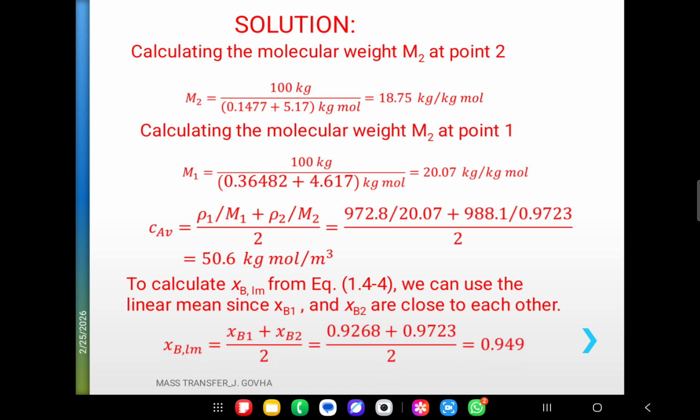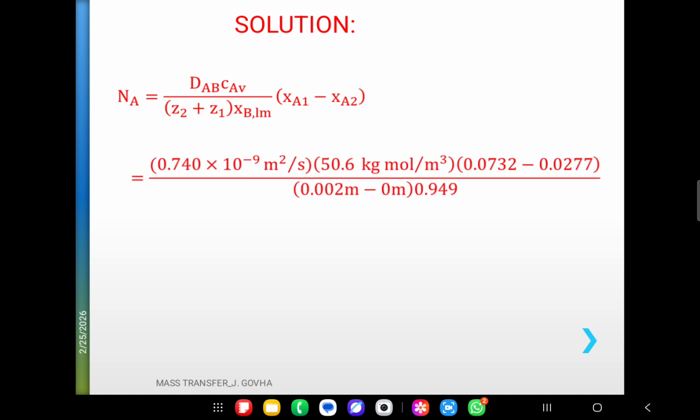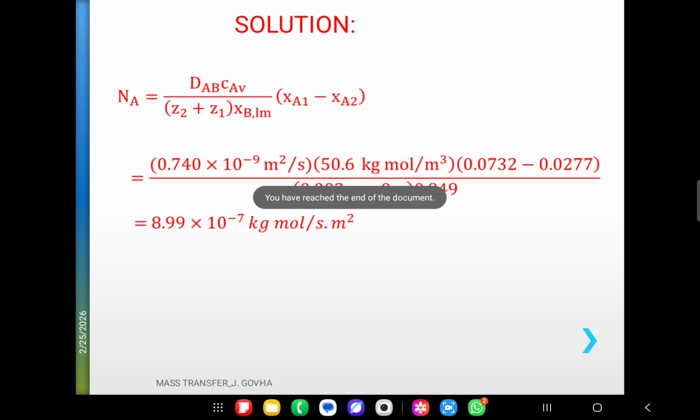There is 0.249, but we can also make use of the equation that makes use of XB log mean. Finally, all the values are now known. It's now a matter of just substituting as indicated there and getting our value as 8.99 times 10 to the power minus 7 kg moles per second.